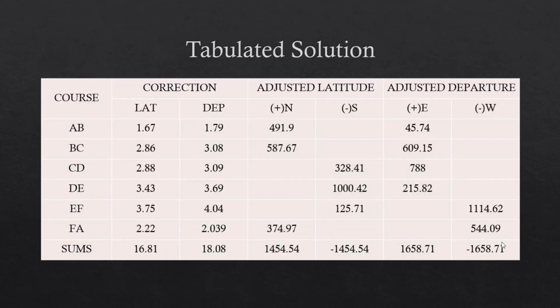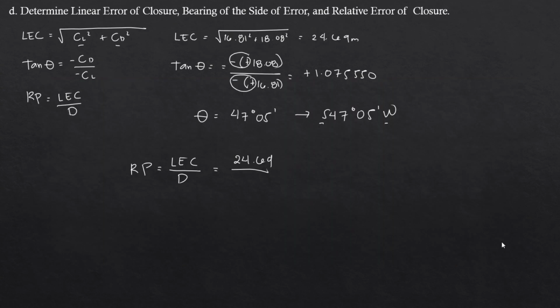Okay. So, ilan to? Meron tayong 1 over 202.52, say 1 over 200. Okay.